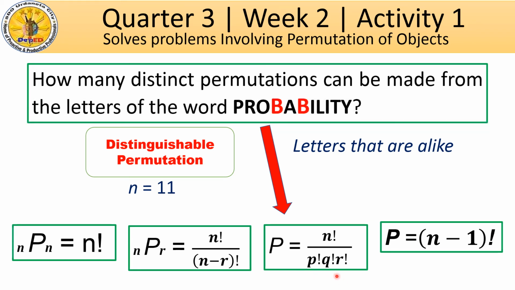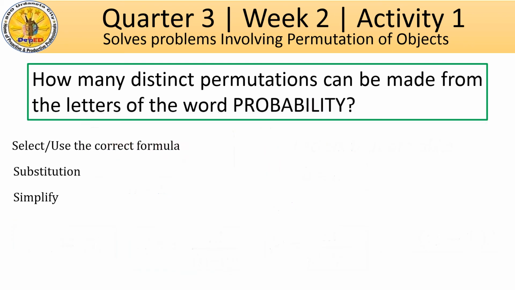Letters p, q, and r will represent the letters that are alike. And in the word probability, there are 2 letter B and also 2 letter I. Applying the correct formula, P is equal to n factorial divided by p factorial times q factorial, where n is equal to 11, B is equal to 2, and I is equal to 2.